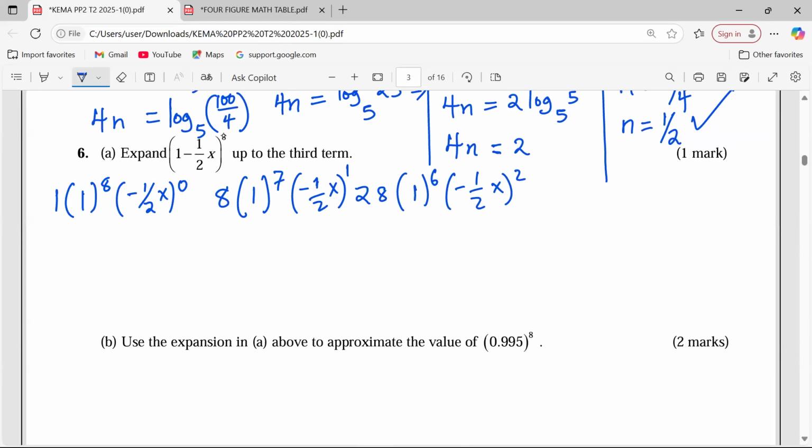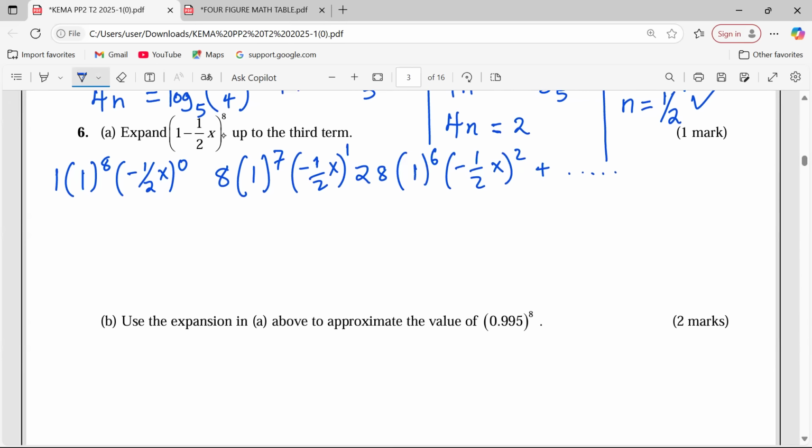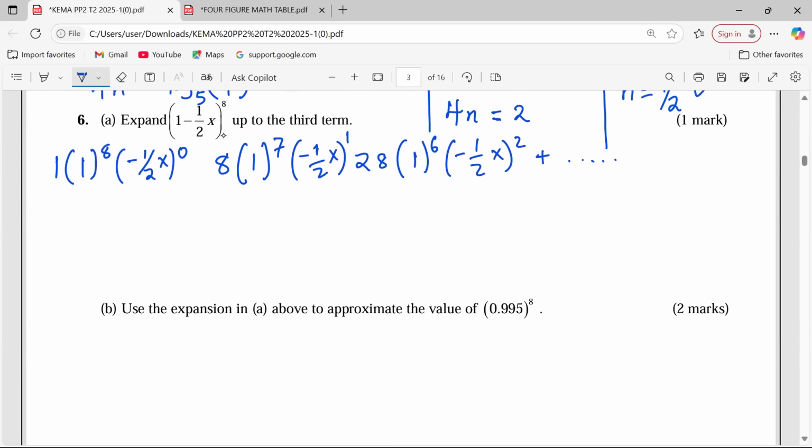So if there was a continuation, then we would have continued with such a trend. As 1 decreases in the powers, negative half x increases. But at any given term, you should know that the powers must be totaling to 8. 0 and 8, 7 and 1, 6 and 2, such way. We would have gone to 5 and 3, 4 and 4, like such.